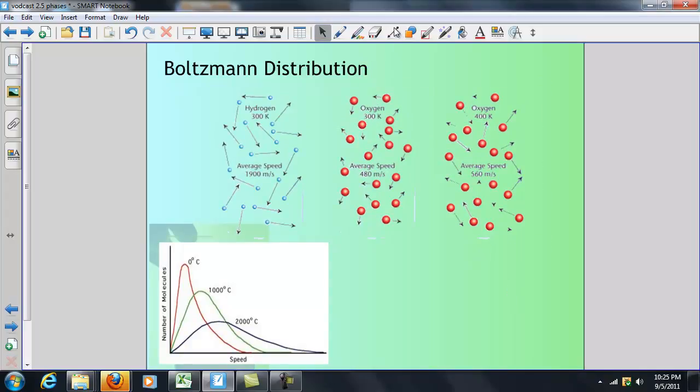If we look here at oxygen at 300 Kelvin, the molecules are moving at an average speed of 480 meters per second, which is really super fast. And at 400 Kelvin, they're moving at 560 meters per second. So in other words, when someone asks what temperature means as far as molecules go, it means the higher the temperature, the faster the molecules are moving, the more kinetic energy they have. And that's what that Boltzmann distribution shows us.